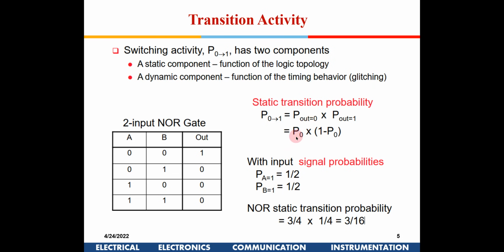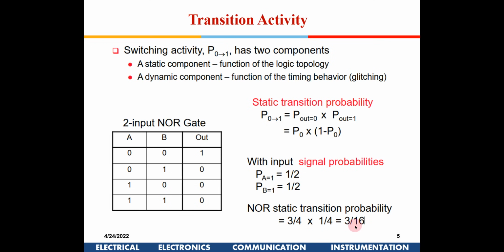Because only when the output goes from 0 to 1, power is consumed from the power supply. So what is the probability of 0? We see 1, 2, 3 out here, so it is 3 by 4, and the probability of being 1 is 1 by 4. If you multiply these two, you get 3 by 16. So this is the transition activity.